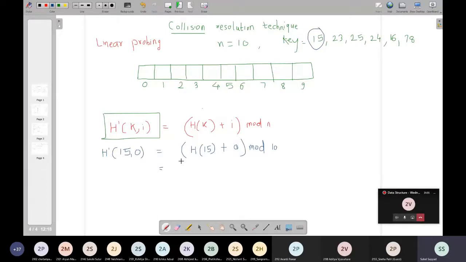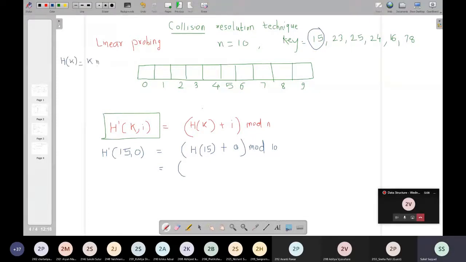I told you in the formula, it is k mod n, our basic division hash function. So it is 15 mod 10 plus 0 mod 10.